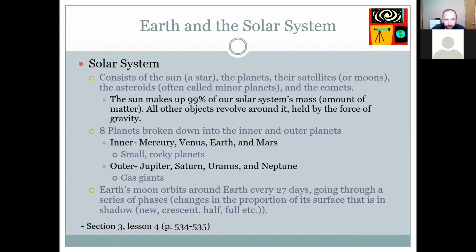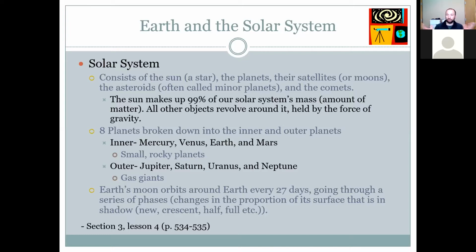So the sun is huge, bigger than you think you can imagine. It makes up 99% of our solar system's mass. So we've talked about mass and we've talked about weight and that kind of stuff. So the amount of matter, right?